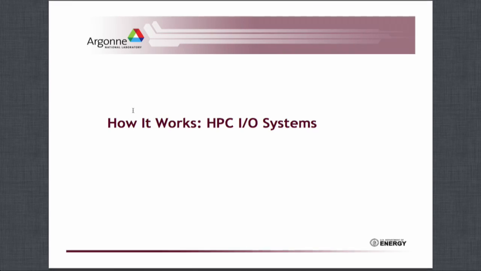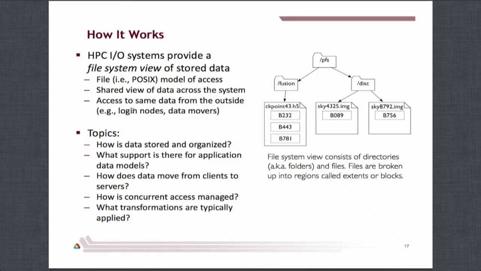So a little bit about how this stuff works. The fundamental building block for an HPC storage system is the parallel file system. It provides a consistent view of all your files and directories from all the login nodes and all the compute nodes that you have, so that all the applications see the same thing.